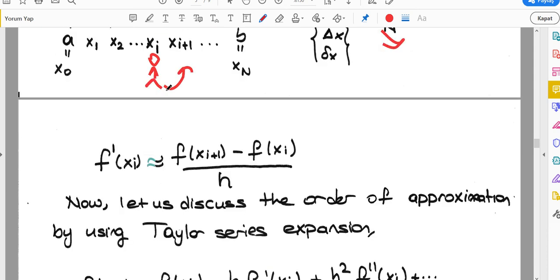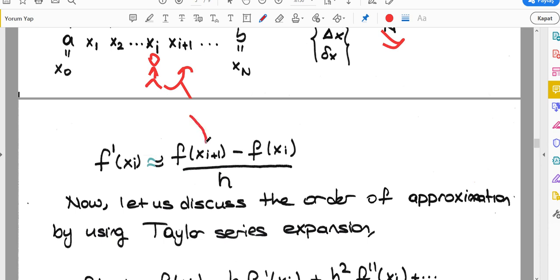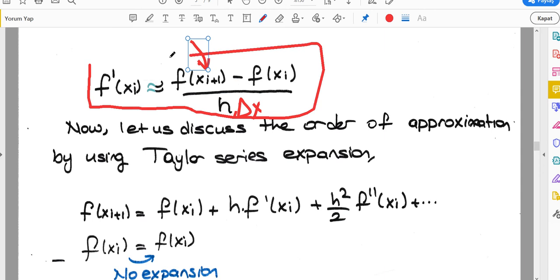Because of the forward expression, you are using f of xi plus 1 minus f of xi divided by h. Previously we observed this as the delta x representation. Now I'm showing h instead of delta x; it does not matter, it is like a dummy variable. This is the forward approximation, the forward difference scheme.